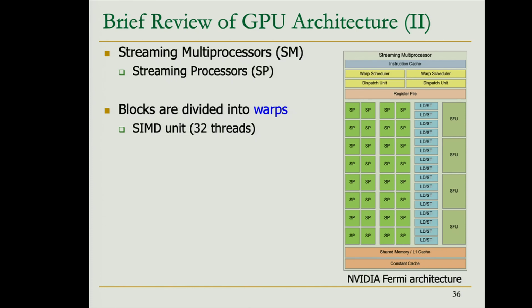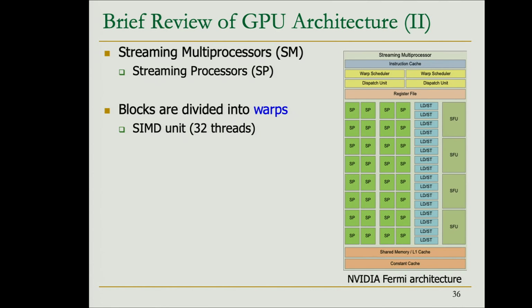Notice that we have 2 warp schedulers fetching instructions from the instruction cache, and they are issuing the instruction either on one 16 or the other 16. So in this case, we need 2 cycles to start the computation for the whole warp. You see the difference, right? In more modern GPUs, we directly have 32 of these, so in one single cycle, we can start the computation for them.